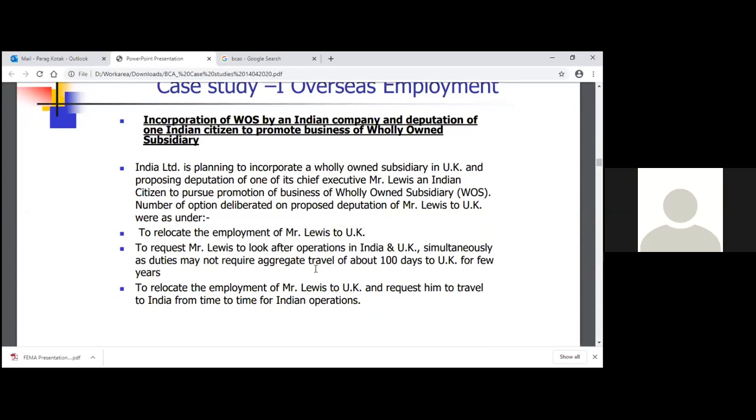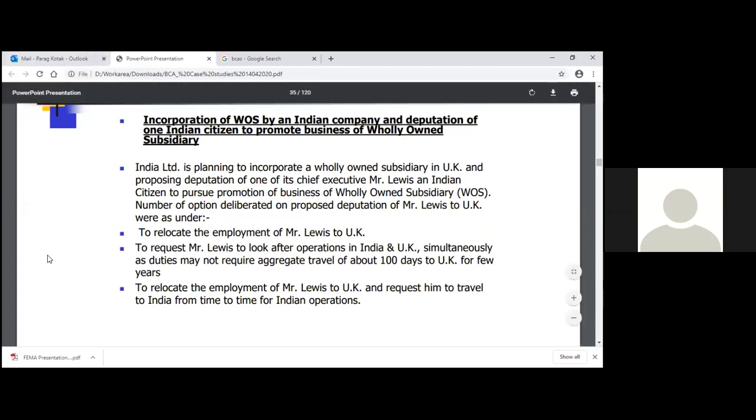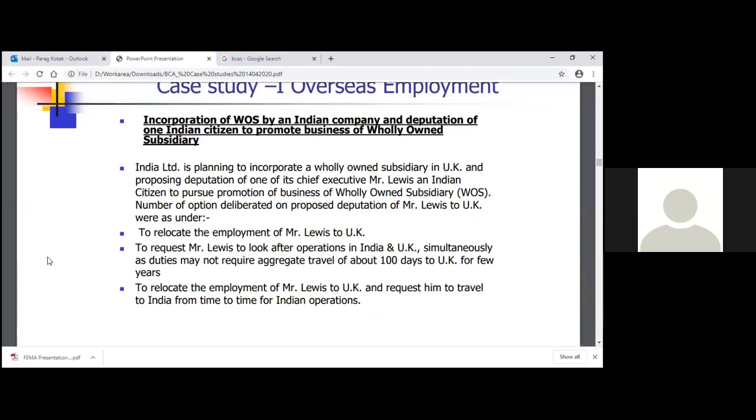What if we are told that Mr. Lewis is likely to be occupied for 100 days in the UK and about 120 to 180 days in India, and the rest of the time he may be required to be outside the UK as well as India.